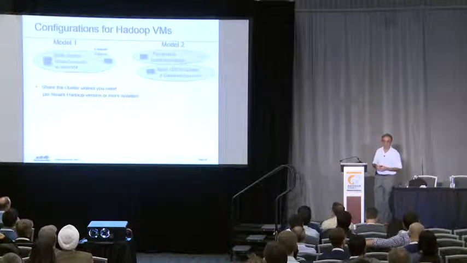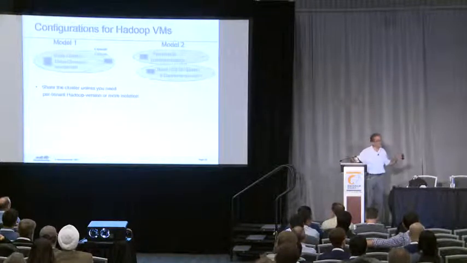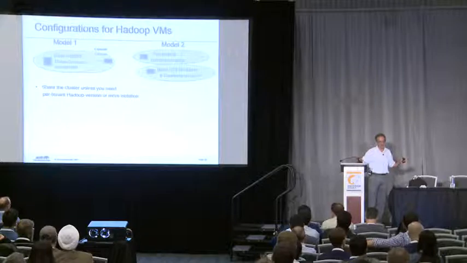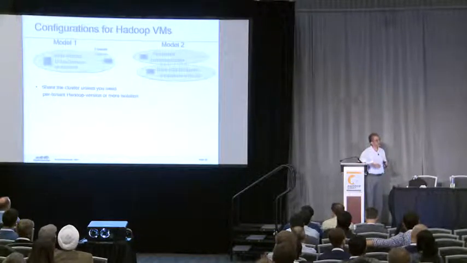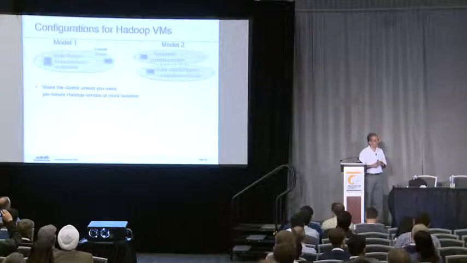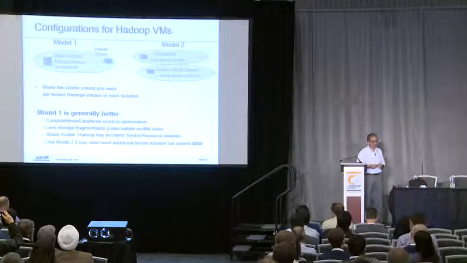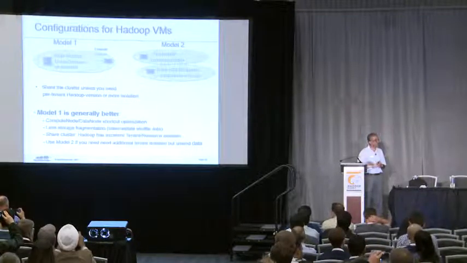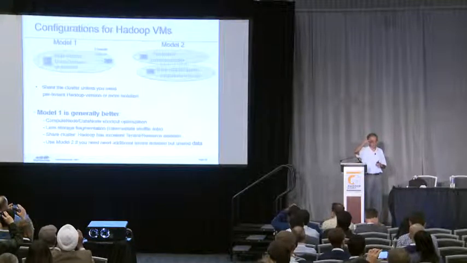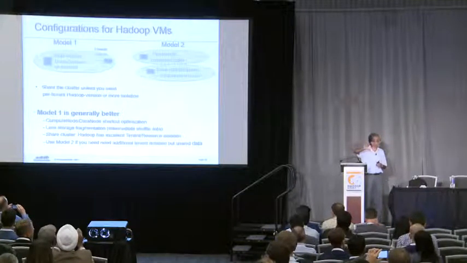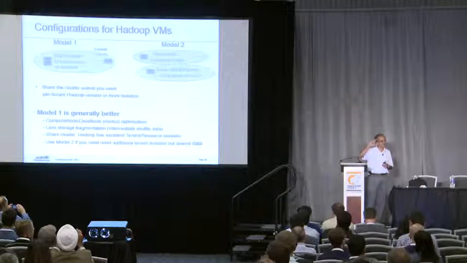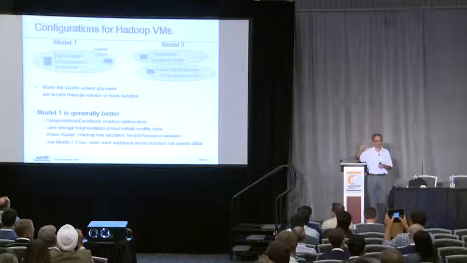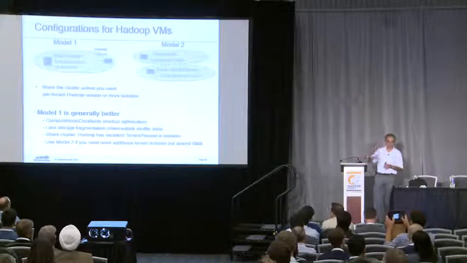The second model that we've seen some people use is a base HDFS cluster with data nodes on the VMs, and then per-tenant clusters on top. Generally, model one is better because it gives you the compute node to data node read shortcut, which is important and is going to become increasingly important when you go to shared memory and memory mapped files.